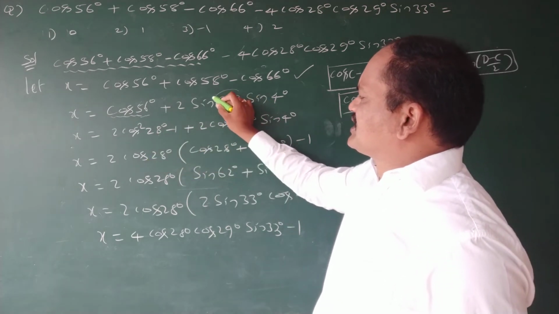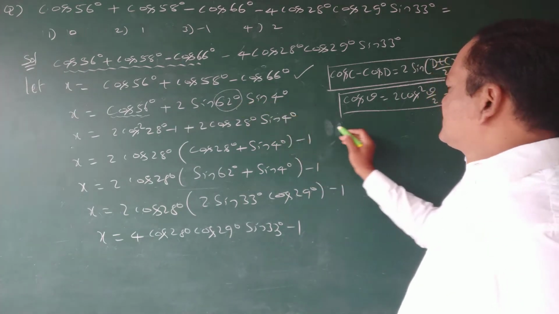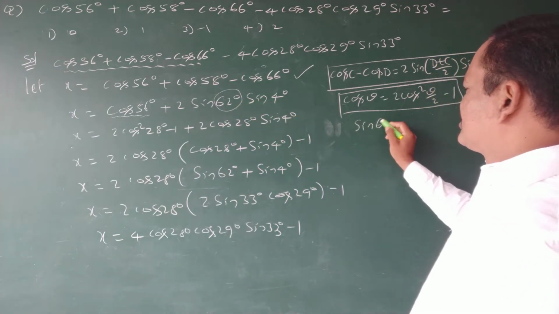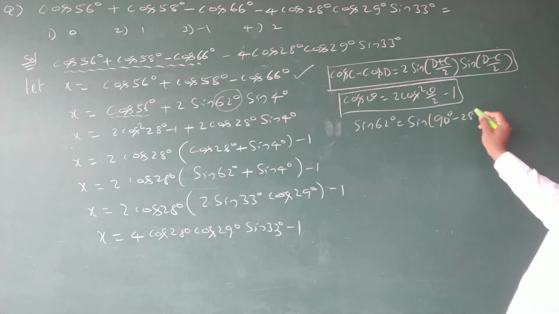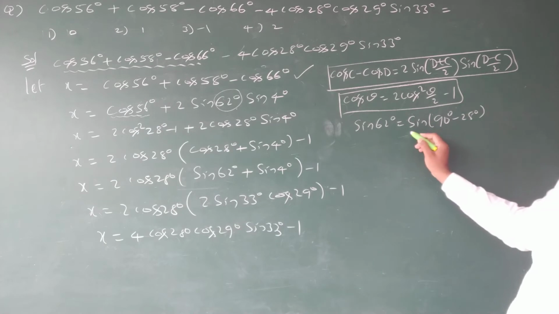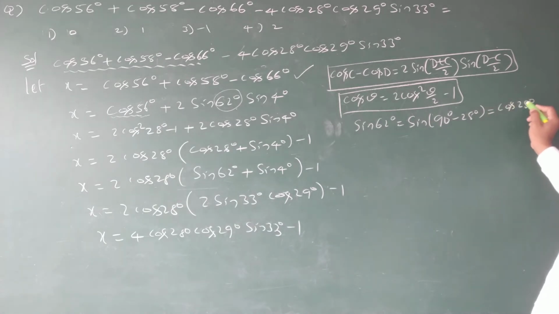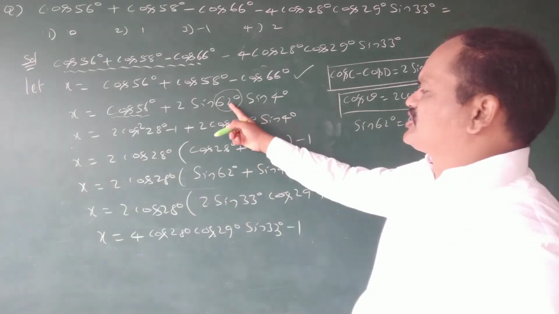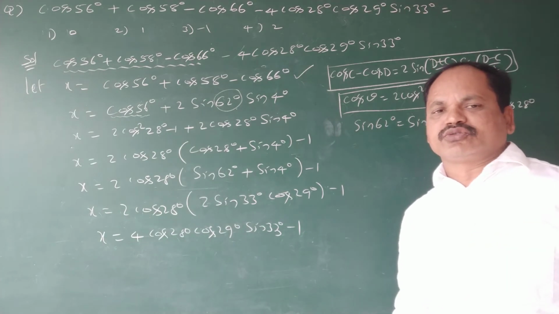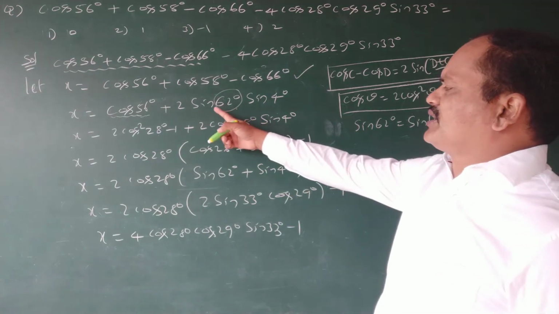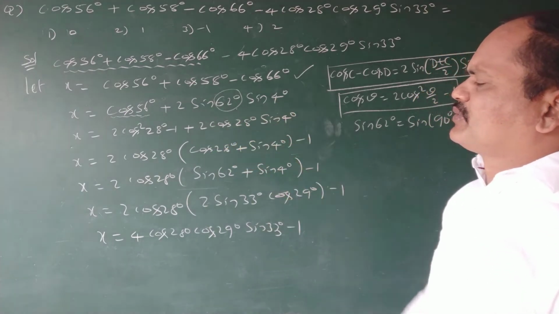This sin 62 can be written as sin(90 minus 28). Sin(90 minus 28) is cos 28. Since 28 and 62 are complementary angles, instead of sin 62 degrees we write cos 28 degrees. Here it is sin 4 degrees.